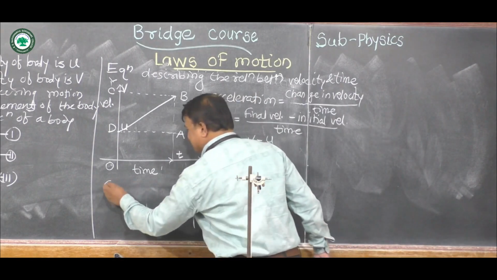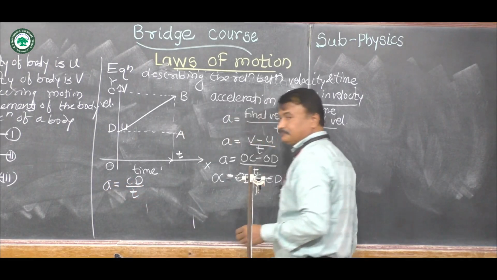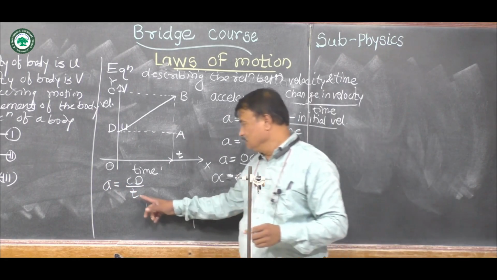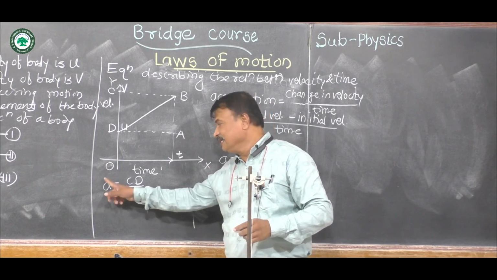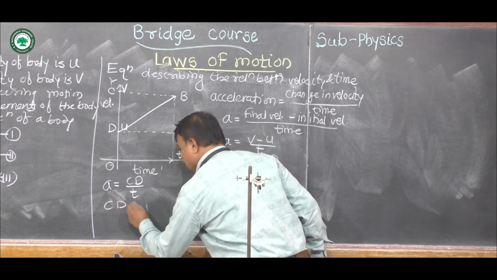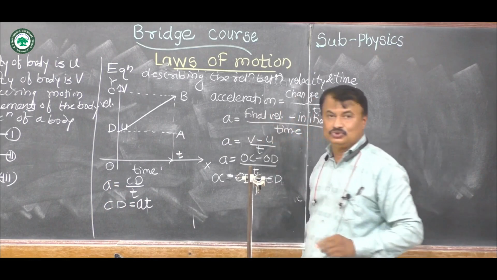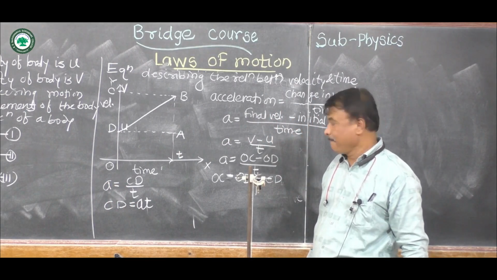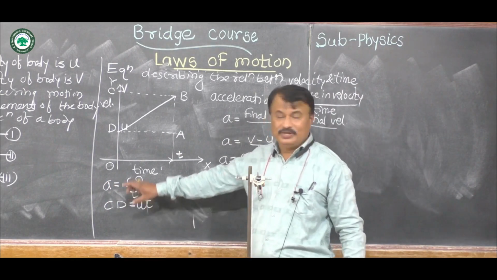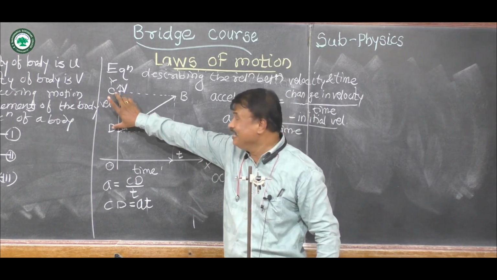So we get acceleration a is equal to CD upon t. This t on that side will be multiplied, and therefore finally we get CD is equal to at. In this way we get the magnitude of this distance, that is equal to at.